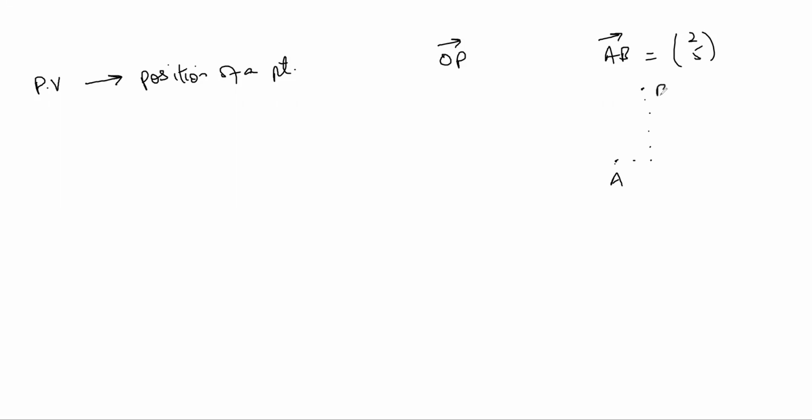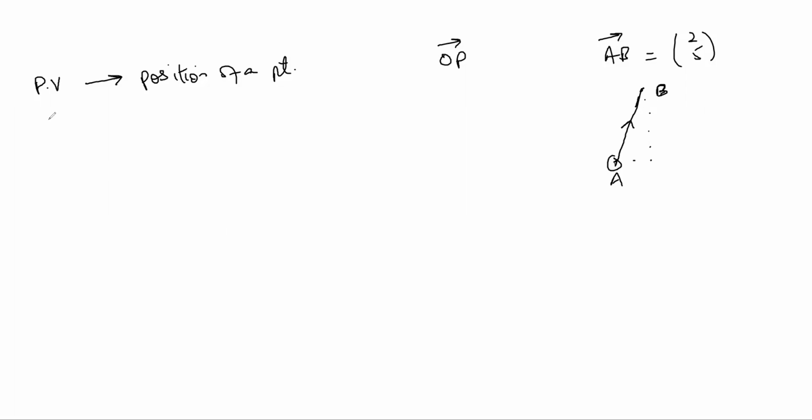Here it is the B, okay? So vector AB actually tells us the position of the point B relative to A. If you have the point A and the position vector AB, you can reach the point B. You know that this is going to be the direction in which you have your AB, okay?